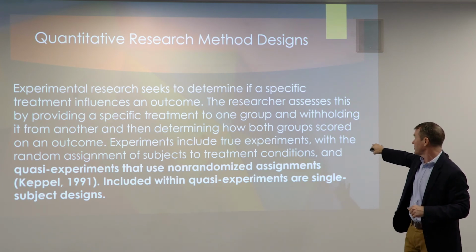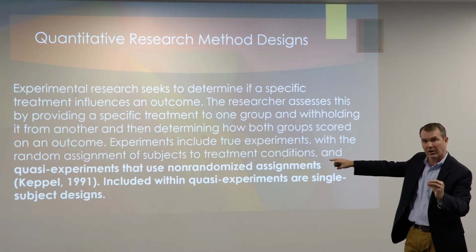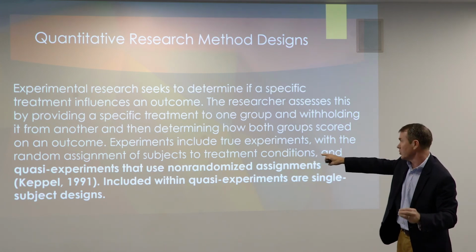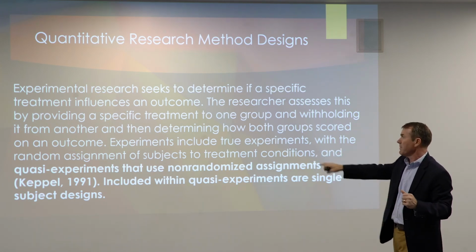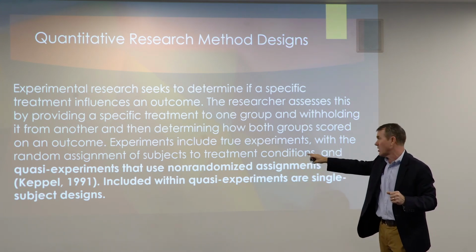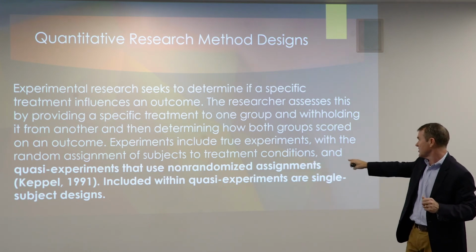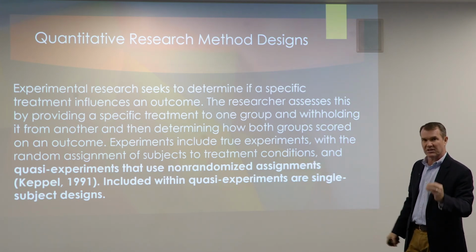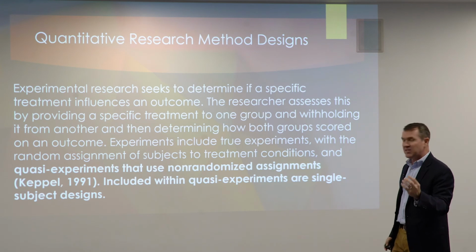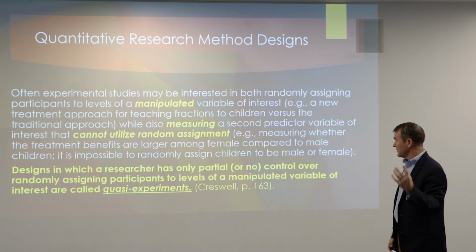Experiments include true experiments with random assignment of subjects, which is very important, randomly assigned to the treatment conditions, and quasi-experiments that use non-randomized assignments. Included with quasi-experiments are single subject designs. And so we can see there the difference in an experimental and a quasi-experimental.